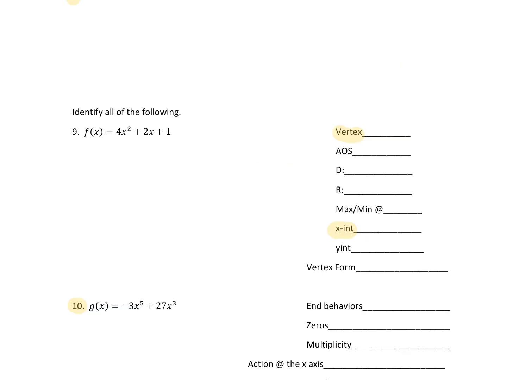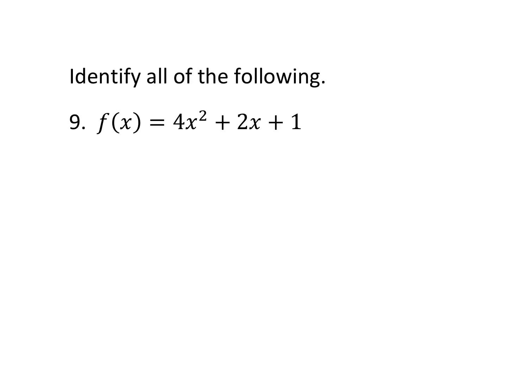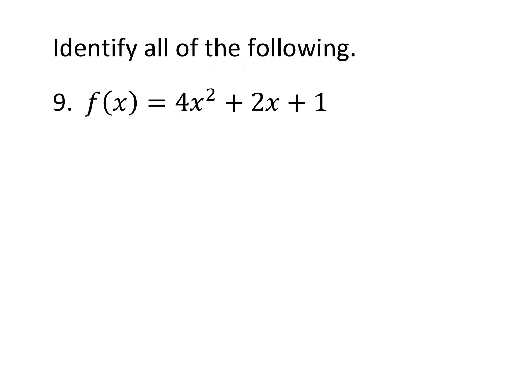So for 9, I want to find the vertex and our x-intercepts. What would we do to find the vertex here? Awesome. Our little formula for the vertex is -b over 2a. Once we find the x in our vertex, or the h, then we plug in to find the y.